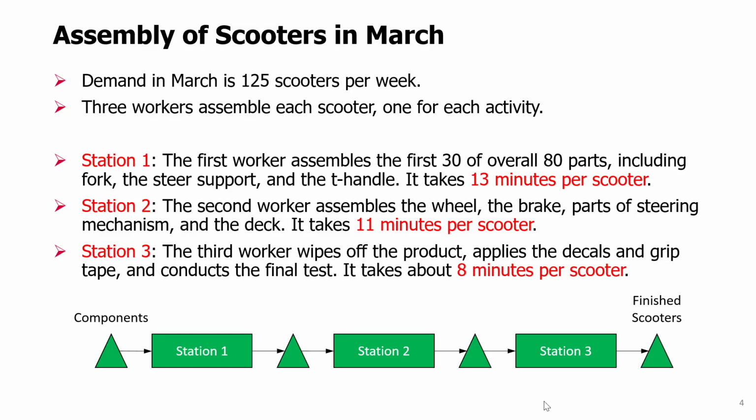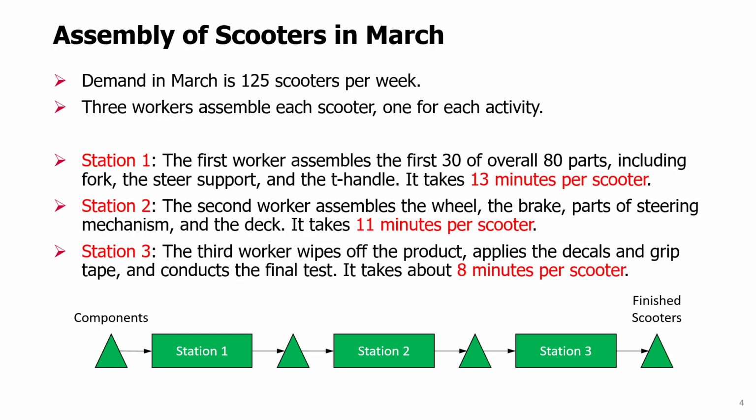So when the system is empty, the time to complete the first scooter is the time that it takes to get the scooter through all the stations in the assembly line. And then every following scooter will take a cycle time, because then the assembly line is fully operating.